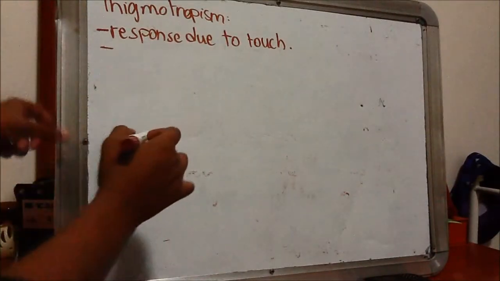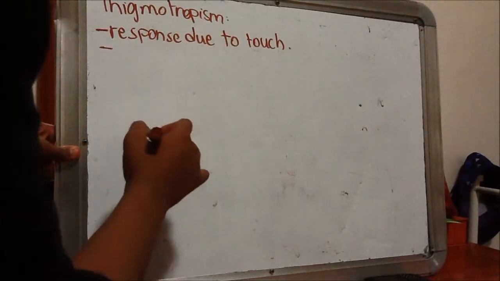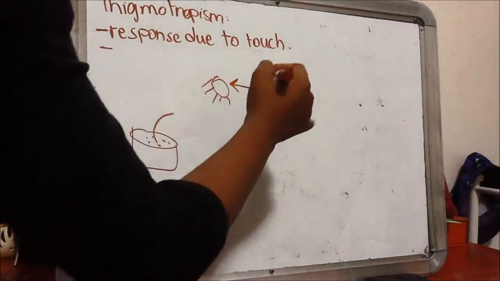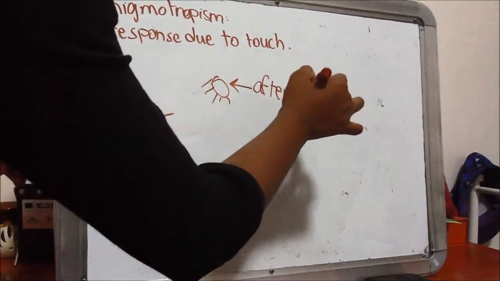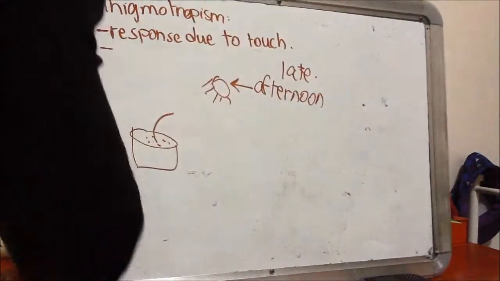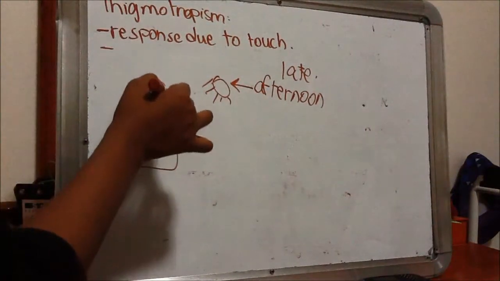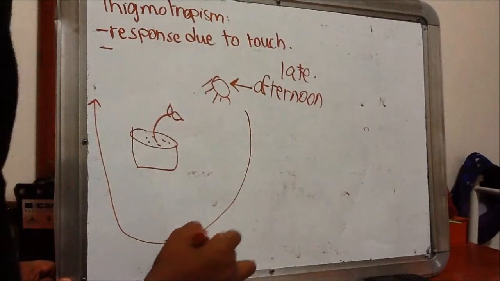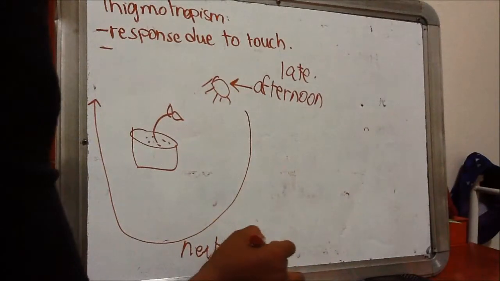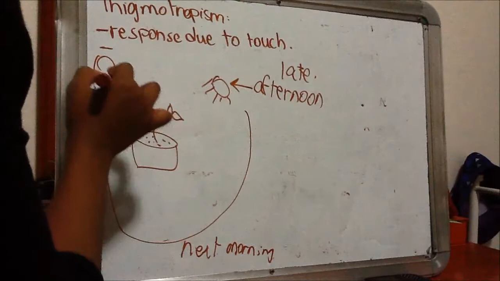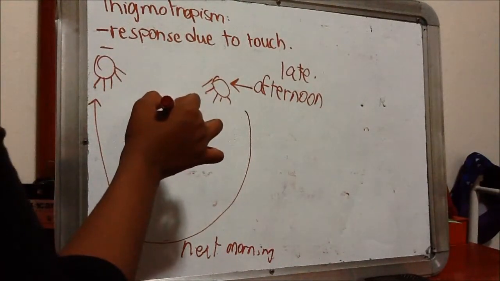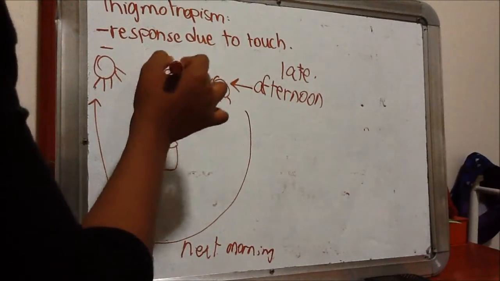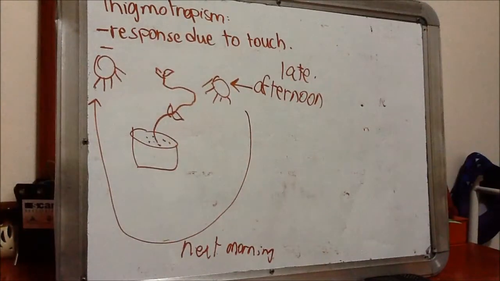So if you have a plant, let's say the plant is in a pot, and the plant is growing like this, and the sun is right here, at late afternoon. When it's late afternoon, the plant would be growing like this. And then next morning, the sun would be right here. It would have moved. So the plant would continue growing like this until next morning, and then it starts turning like this. I have witnessed it a lot in some of the plants we have at home.